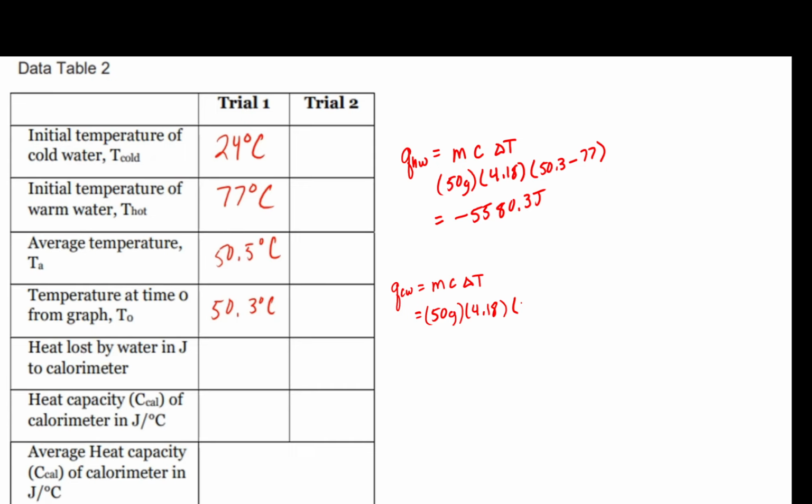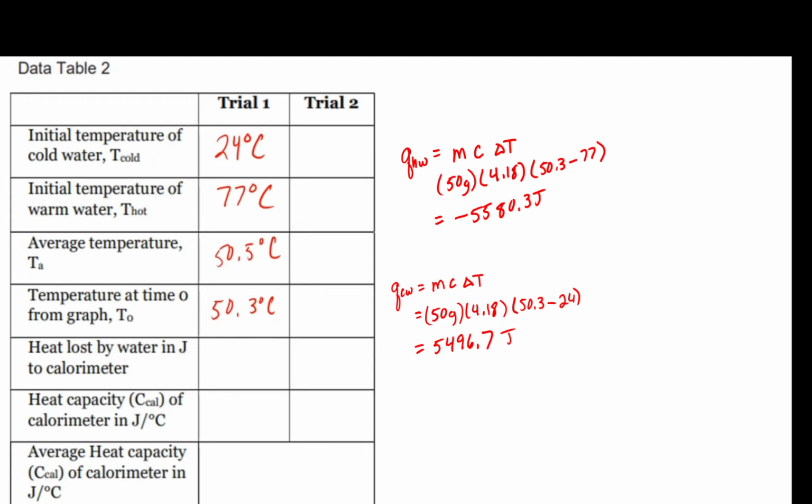So its difference in temperature will be 50.3 minus 24. And so that's going to give us a positive number and indicate that we gained some amount of energy in our cold water. So our cold water gained 50 times 4.18 times, use a parentheses, 50.3 minus 24. Our cold water gained 5,496.7 joules of energy.